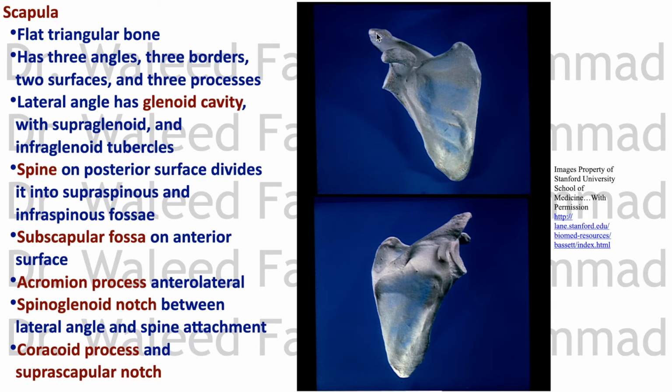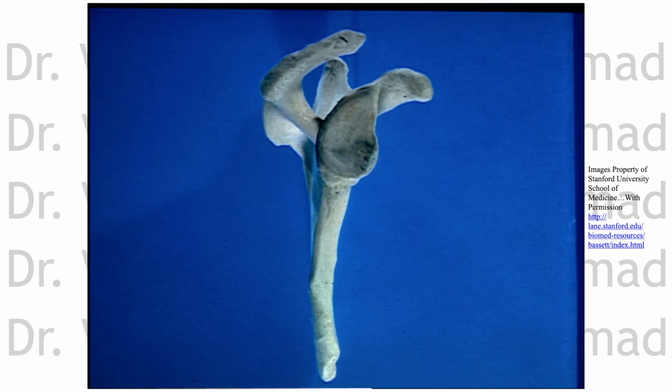Okay? Between the spine and the glenoid cavity, there's a notch called the spinoglenoid notch, and you can see it better from the lateral side. As you can see here, this is the spinoglenoid notch. This is the lateral side of the scapula.